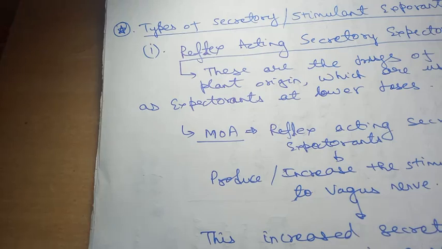When that expectorant is administered orally, in the feed or water of the animal, and enters the GIT, it will irritate the mucosa of the stomach. That leads to the transmission of sensory or afferent impulses from the stomach to the CNS, and then transfer of motor or efferent impulses from the CNS to the effector organ, that is the lungs, through the vagus nerve. That is why it is called gastropulmonary vagal reflex.